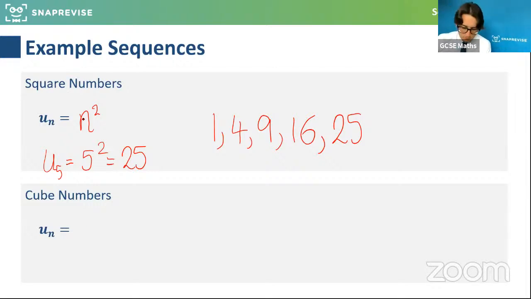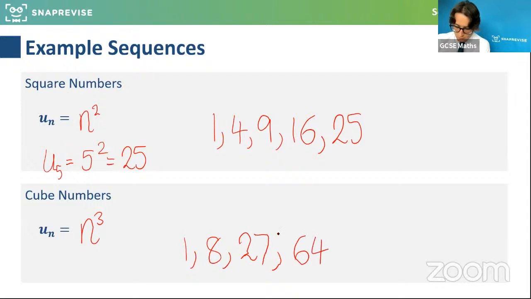So the cube numbers, in a very similar way, would be n cubed, and that would go 1, 8, then 3 cubed is 27, 4 cubed is 64, 5 cubed is 125, and so on. So that's an example of how to use this notation for these sequences. Right, I'm going to keep going.